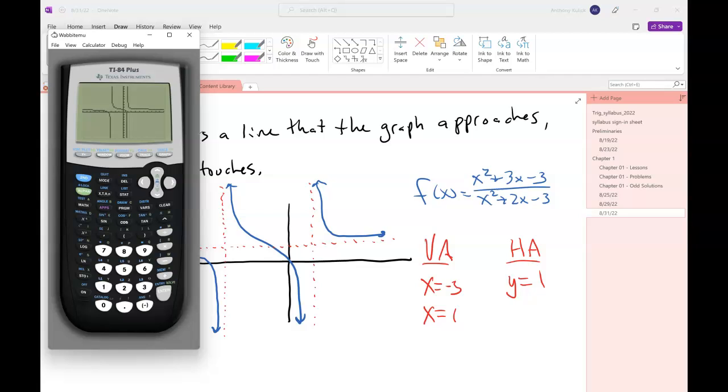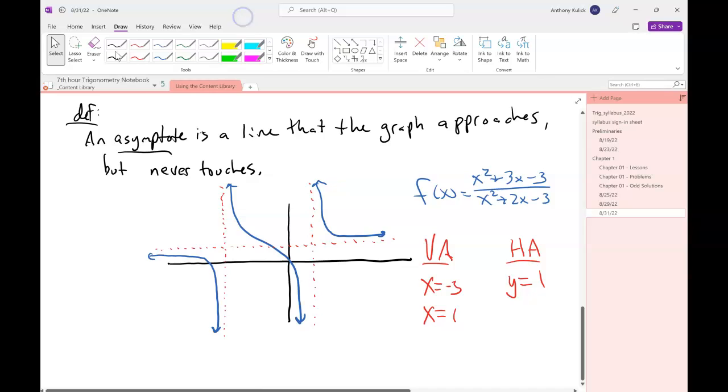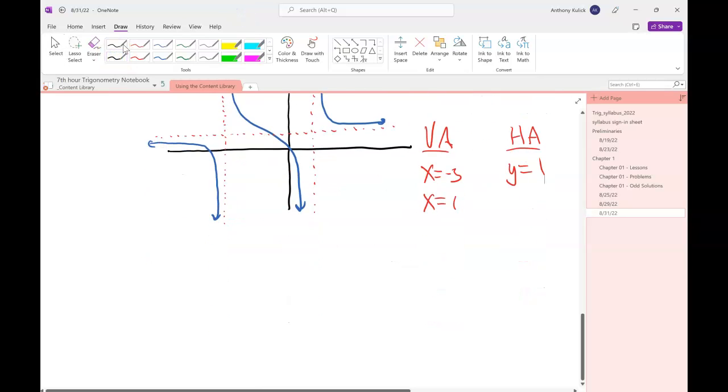What we're going to do now is confirm that these are actually asymptotes by creating a table of values that are getting closer and closer to some number, and we're going to see. Okay? So let me show you what that's going to look like.